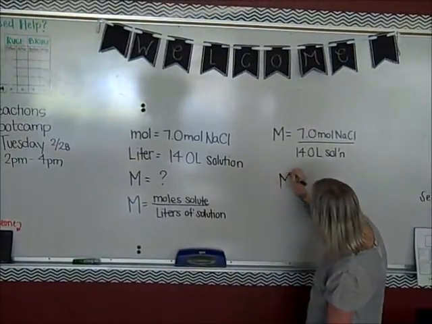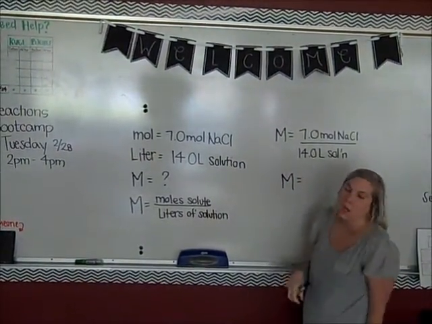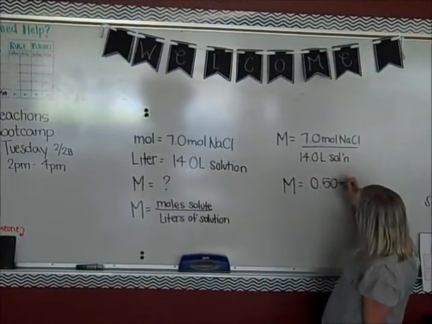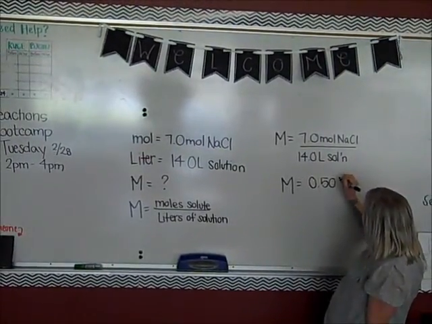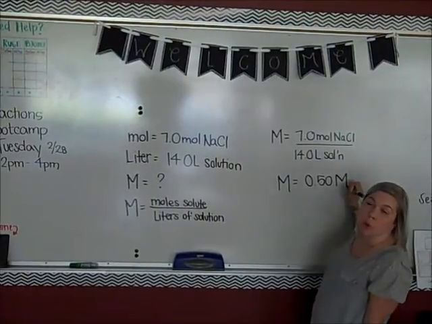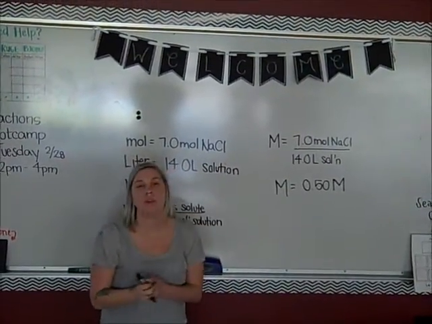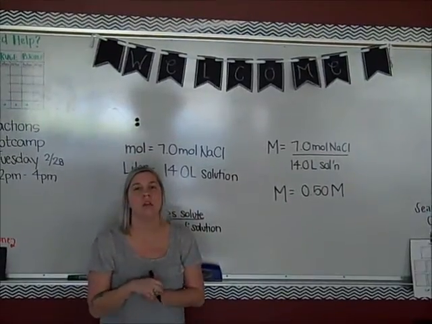Okay, so when you plug that into your calculator, you should get 0.50 because of sig figs, and that would be big M, which is molar. That's the unit that we tack on. So this says we have a 0.5 molar NaCl solution.